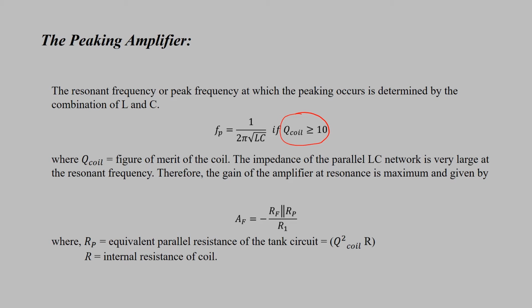So earlier the gain was minus RF by R1 for an inverting configuration. Now because the LC combination is in parallel with RF, the gain becomes RF in parallel with RP upon R1, where RP is the equivalent parallel resistance of this LC circuit or tank circuit, and this depends on the coil and is equal to Q squared of the coil into R, where R is the internal resistance of the coil.